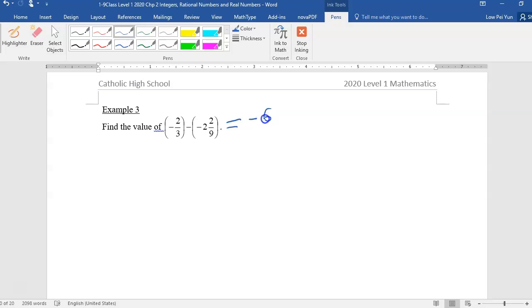Negative 6 over 9. Minus negative again, change to improper fraction. Thank you. 20 over 9.